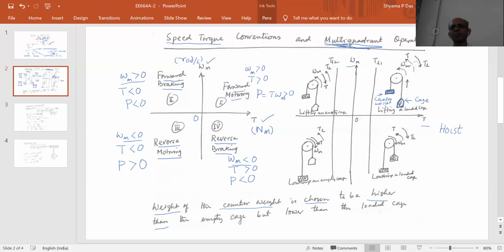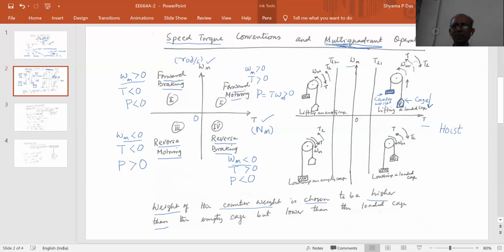It means empty lift is going up, or empty hoist is coming down. And the loaded cage means the lift having man or material is being lifted or being lowered.